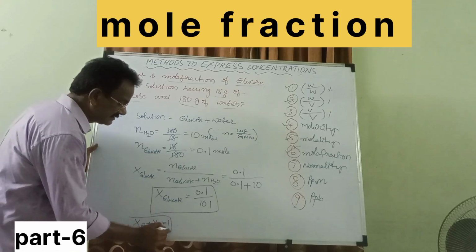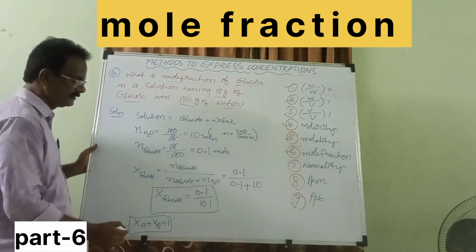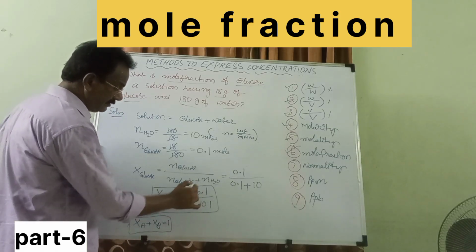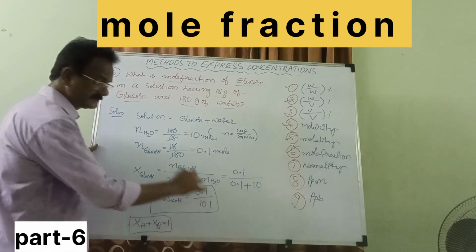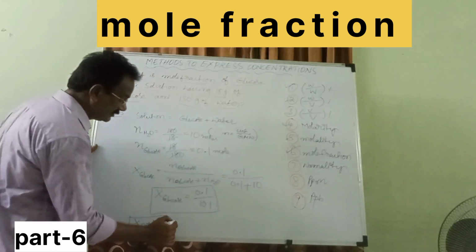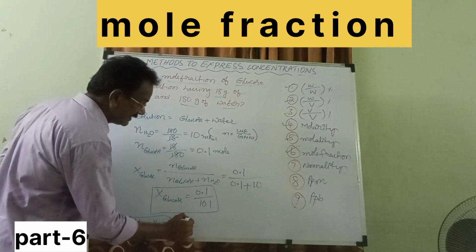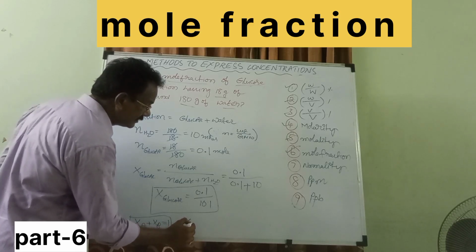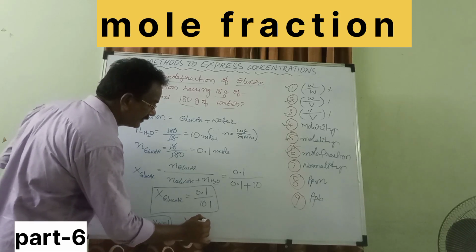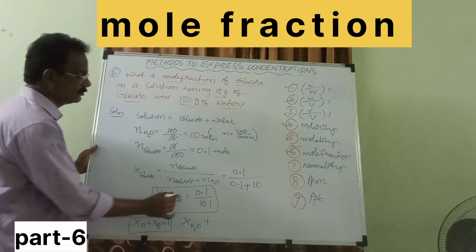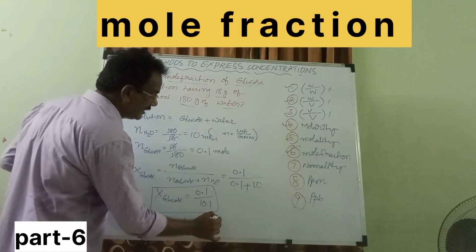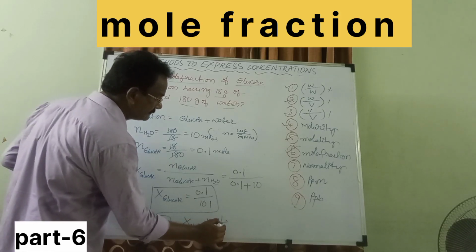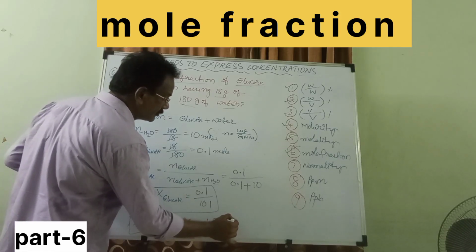By following this equation, here you have the mole fraction of glucose. So X H2O plus X glucose, 0.1 by 10.1, is equal to 1.